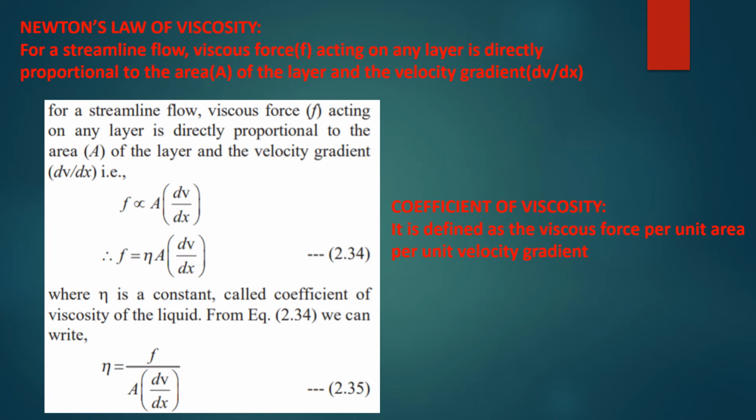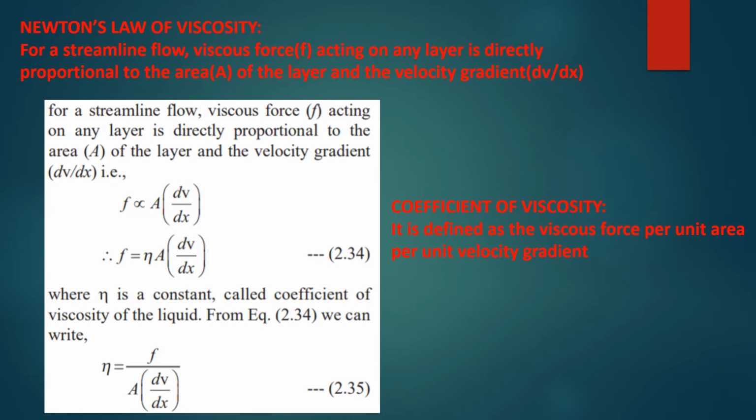Newton's law of viscosity is the very basic law which governs the fluid friction. It states that for a streamline flow, viscous force acting on any layer is directly proportional to the area of the layer and the velocity gradient. That is, F is proportional to A dV/dx.